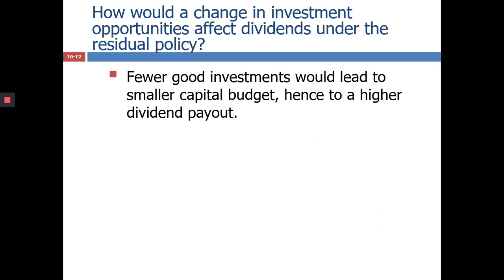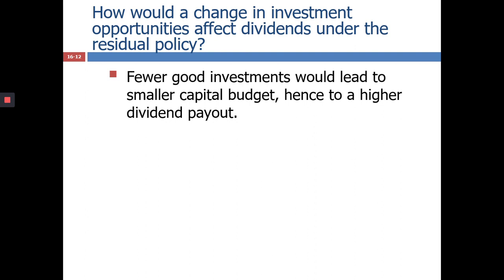When the capital budget is small, therefore your dividend payout will be higher, right? Let's say from 100 million profit, you have only 10 million worth of future projects that you have planned. So the remaining 90 million you can pay out as dividend.